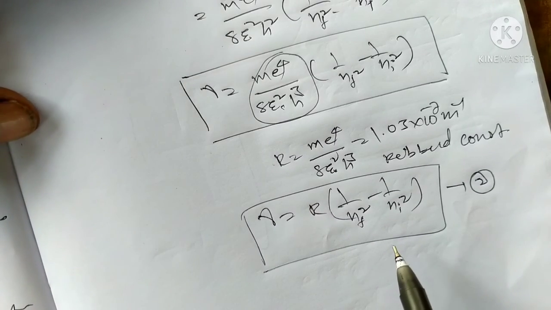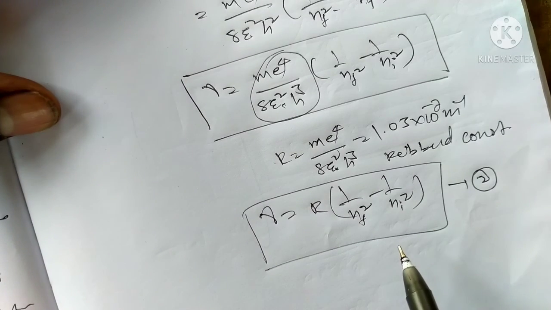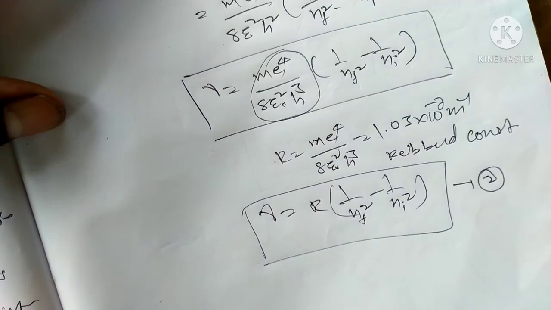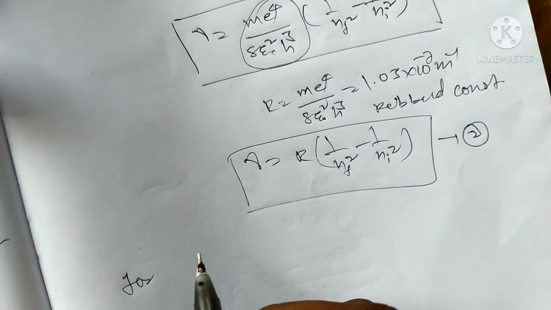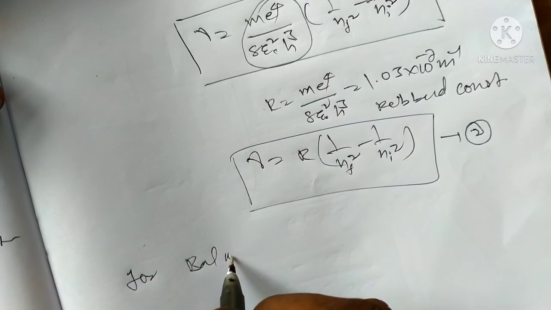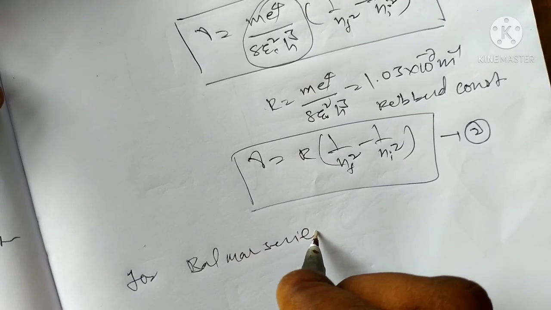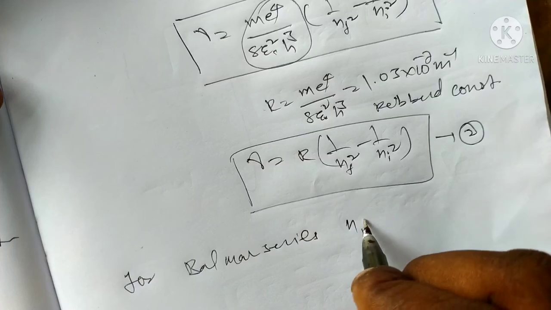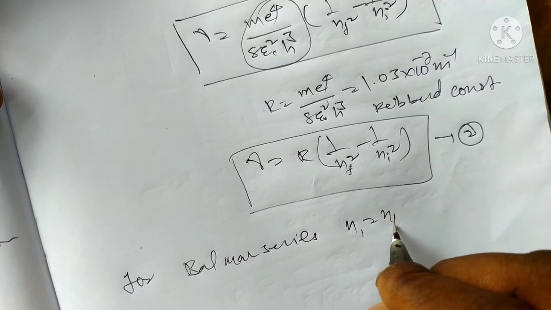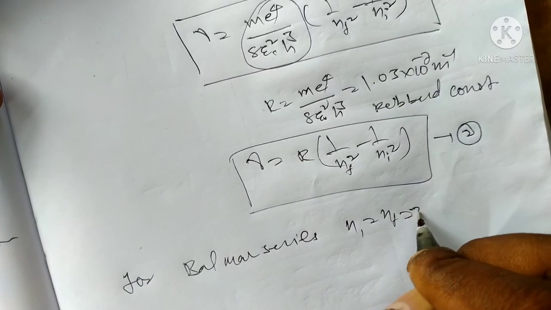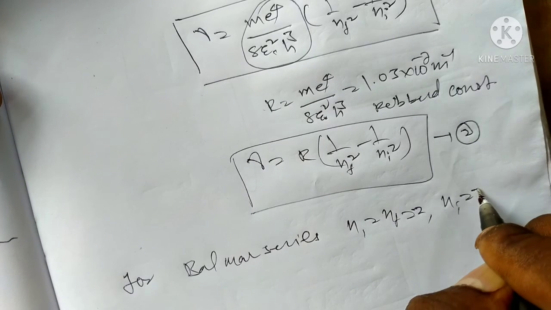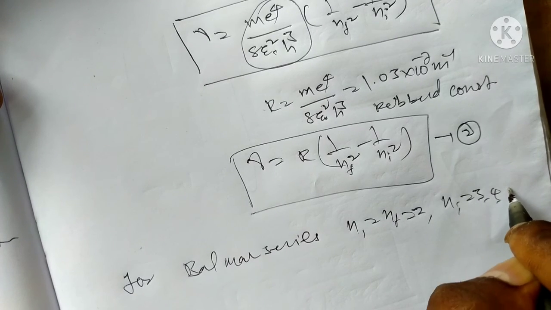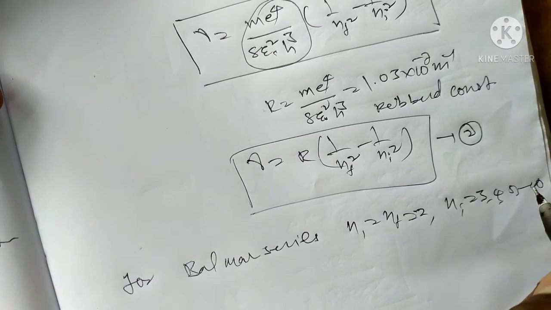For the Balmer series, n1 or nf is equal to 2, and ni is the transition from 3 to 4 to 5 up to infinity.